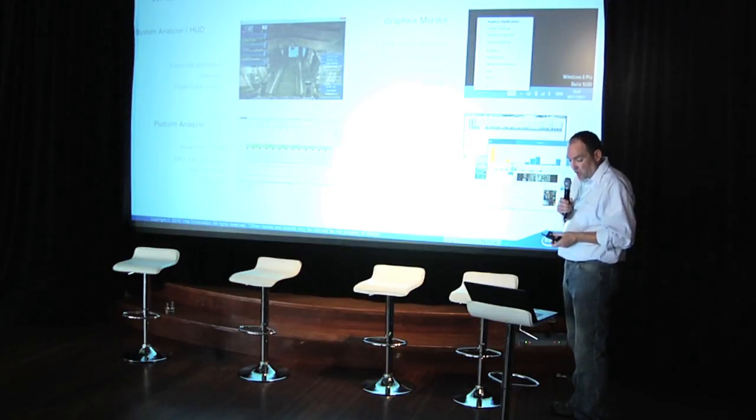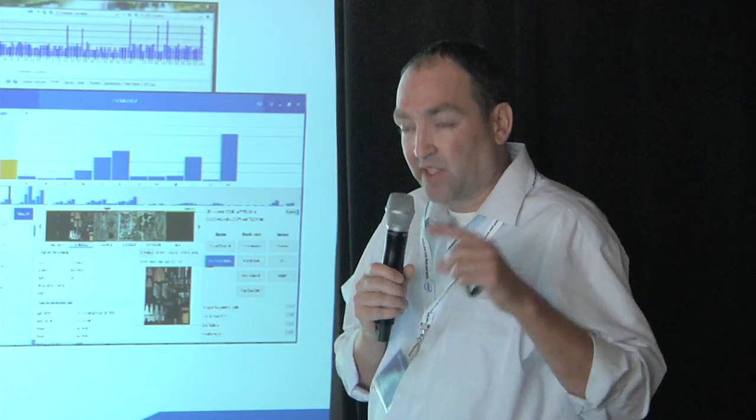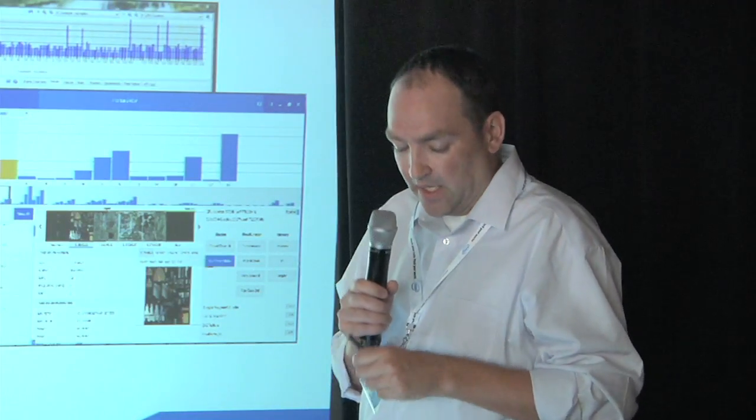The third application is Platform Analyzer, over on the left. This tool allows you to visualize GPU and CPU load at the same time. It allows you to see spots that are difficult to spot if you're just using a CPU analysis or GPU analysis. You can actually see how they're interacting with each other.